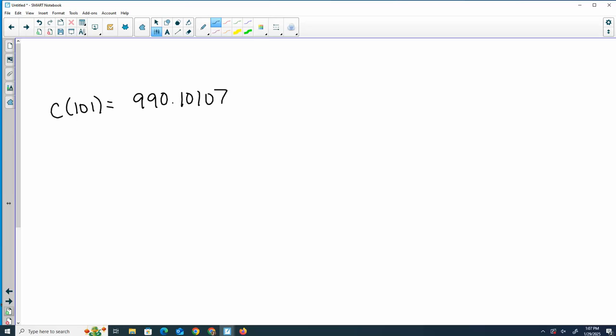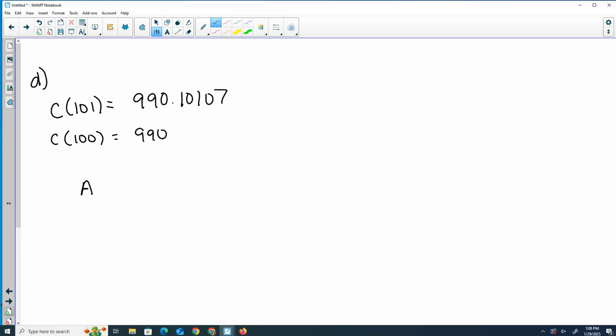Now look back at part B. We found C prime of 100. That's how the cost was changing. So I found the actual cost of 101. To find out how much it changed, I need the cost of 100 items. And if I plug 100 into my cost function, we get 990.